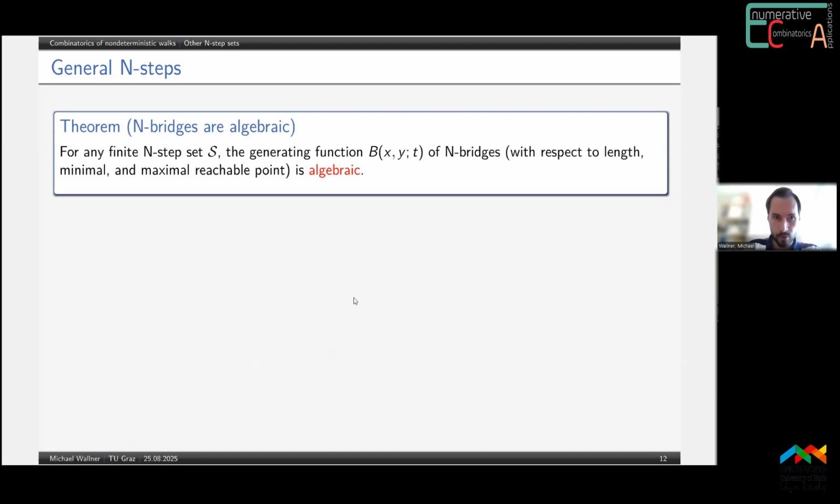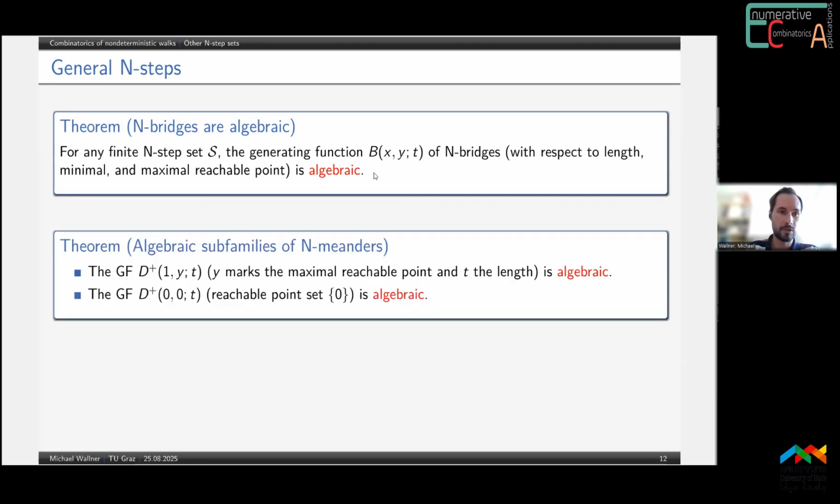So we could prove, and this was quite involved, that for general steps, you can choose any n step you want, the generating function of bridges in 3 variables, x, y, t, where x is the min of the reachable points and y is the max of the reachable points, is always algebraic. That was quite involved. But for n meanders, we just have partial results. We have results that certain n meanders, non-deterministic meanders, are algebraic.